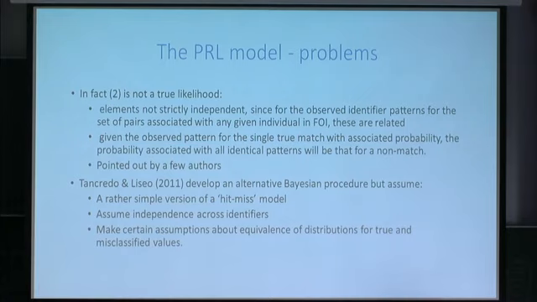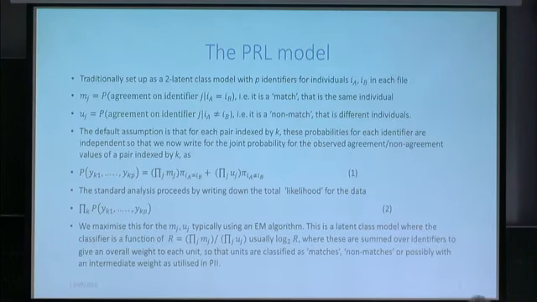And this is just three bullet points about the original Tancredi and Liseo model. I don't want to dwell on that again. It's not a criticism of that. I just want to point out that existing procedures are all making assumptions, and indeed I'm going to be making some assumptions as well.